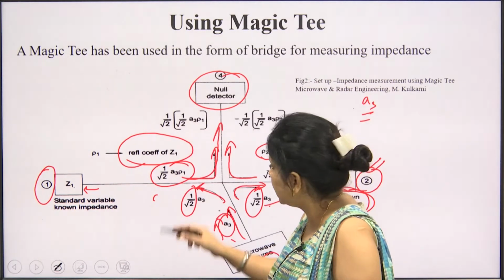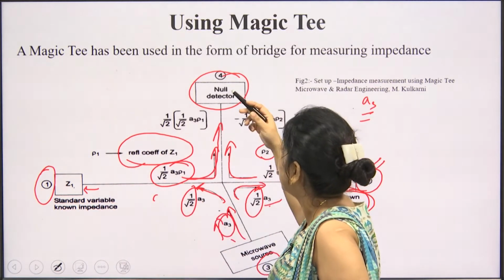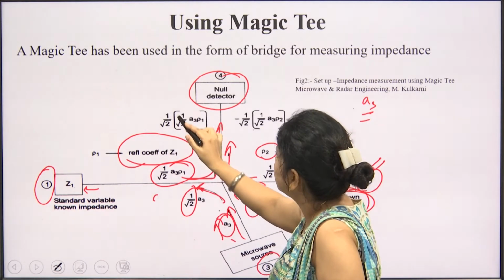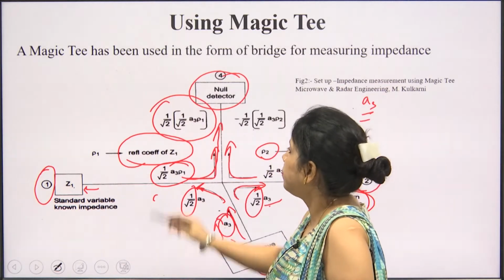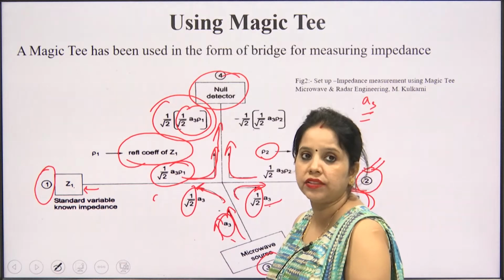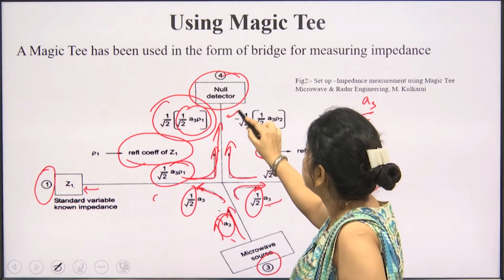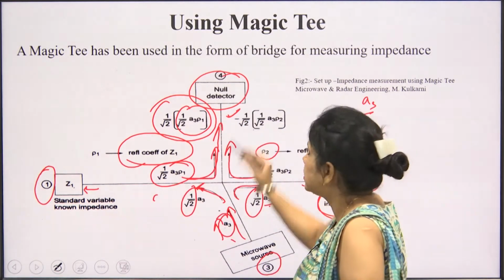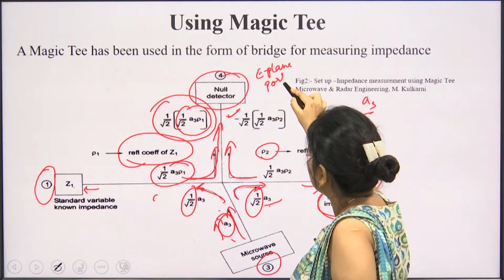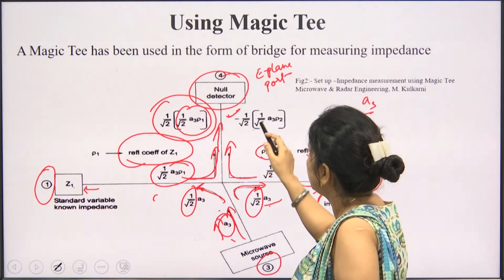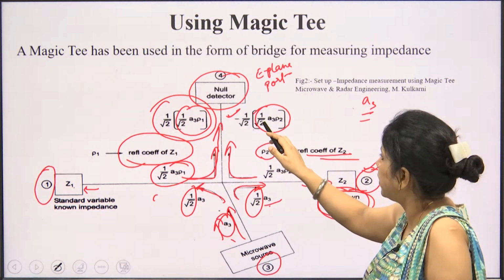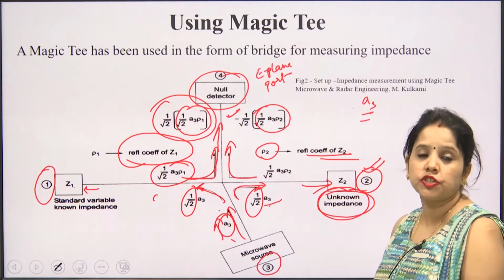When the signal is transferred from port 1 to port 4 and port 2 to port 4, what is happening? 1 by under root 2 times the power of port 1, that is 1 by under root 2 A3 rho 1, and with a negative sign, because this is our E plane port, minus 1 by under root 2 times the power from port 2, that is 1 by under root 2 A3 rho 2.